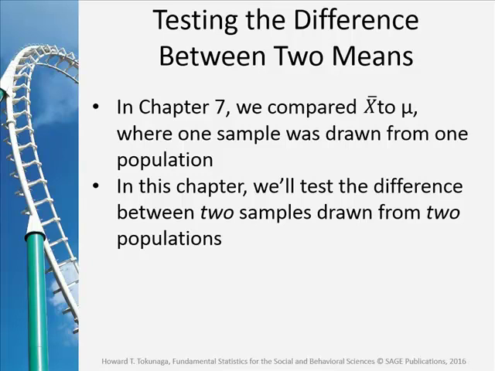I'm going to do the same thing, but instead of it being one population, it's going to be two. And instead of the number of interest being what the sample mean is, it's going to be the difference between those sample means. So we're going to test the difference between two samples drawn from two populations.